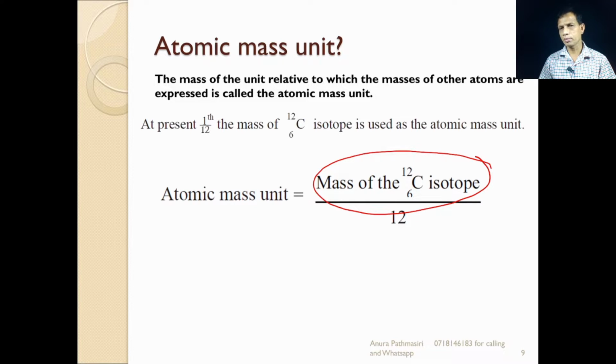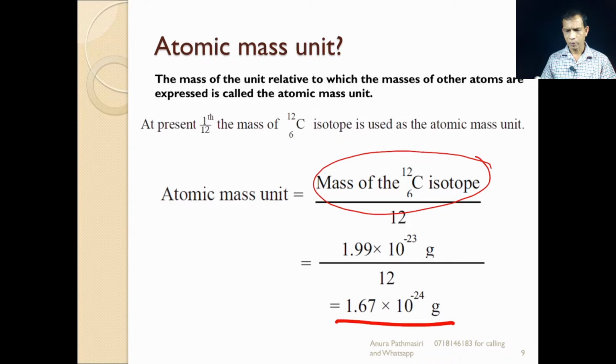So that is why it is divided by 12. The mass of carbon is 1.99 times 10 to the power negative 23 gram, and when it is divided by 12, the answer is 1.67 times 10 to the power negative 24 gram. And that is the atomic mass unit.